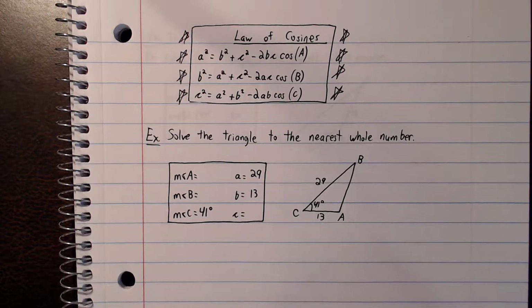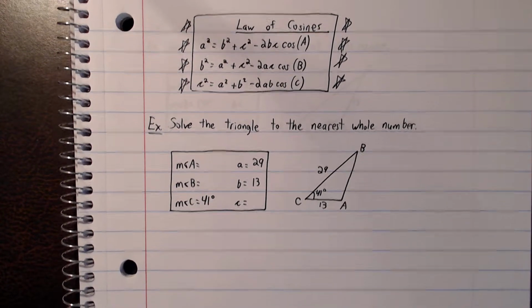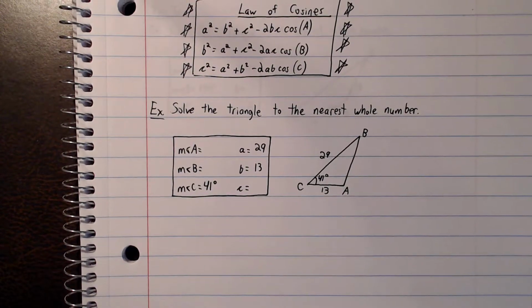Okay, so we're going to find here that we can actually use both laws, sine and cosine, to solve these particular problems. So we'll do that. We're going to end up using both.